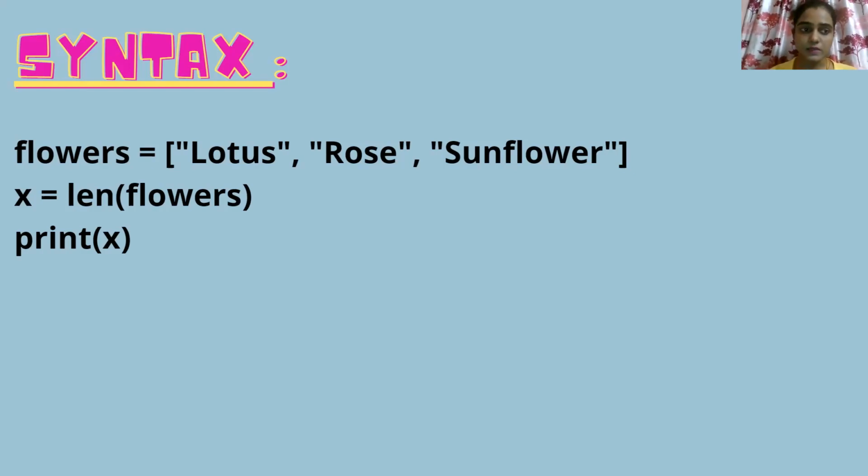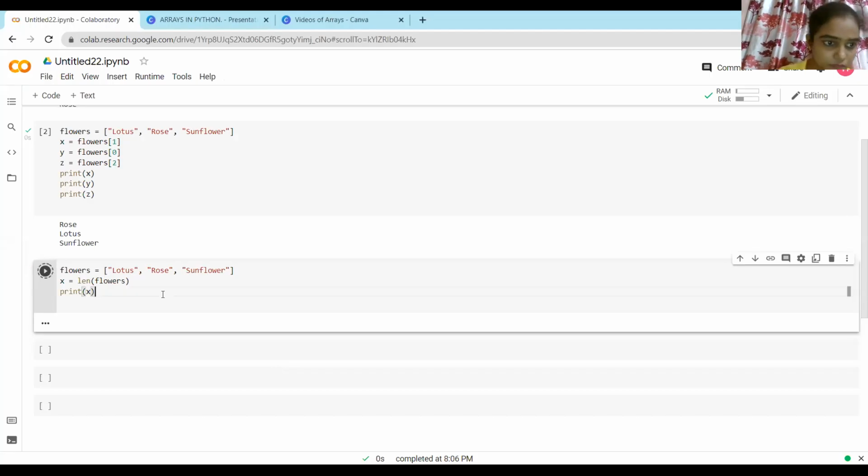So flowers is equal to lotus, rose, sunflower, and in the next line, x is equal to len of flowers, to find the length of this array. Let's see the output. Here you can see the length is 3.